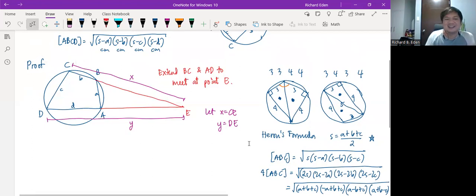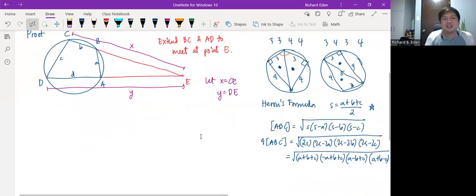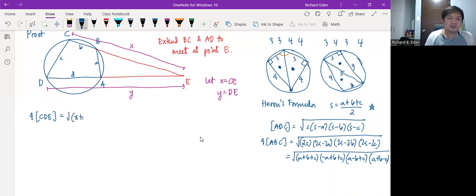Okay, so we'll use similar triangles here. But okay, in terms of the area for CDE, 4 times the area of CDE, the sides are x, y, and c. So we have the square root of x plus y plus c, and then negative x plus y plus c, and then x minus y plus c, and then x plus y minus c.